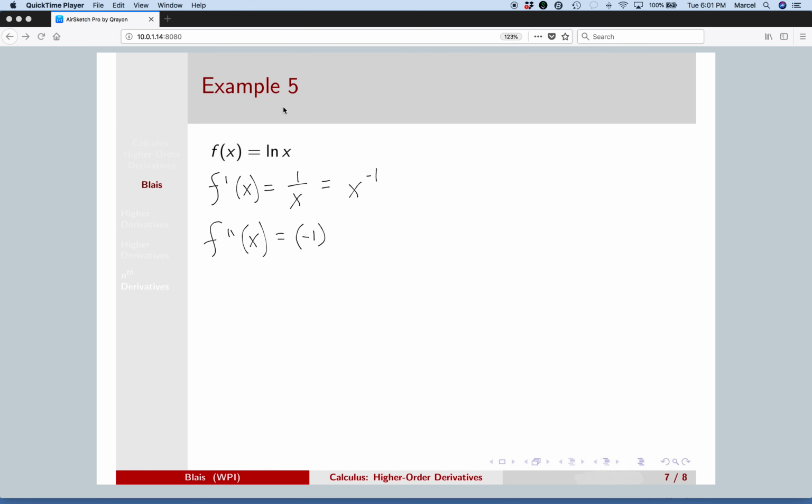So minus 1, x to the minus 2, or minus 1 over x squared. For our third derivative, power rule again. Bring that minus 2 out front, reduce the power by 1. So in this case, we would get a positive 2 over x cubed.